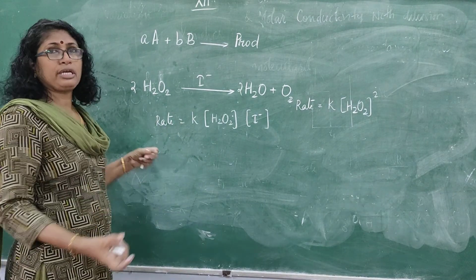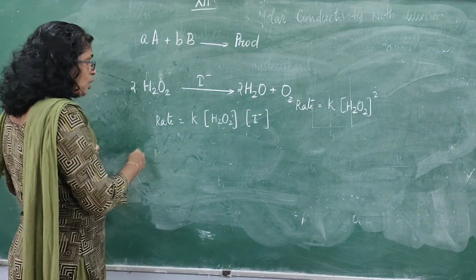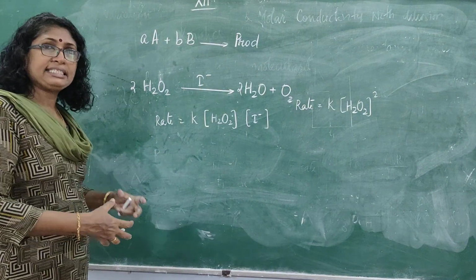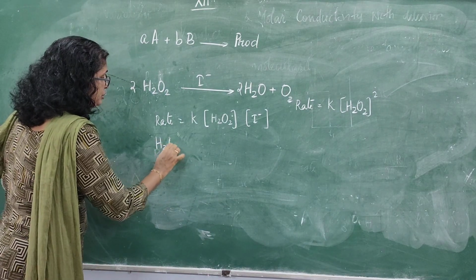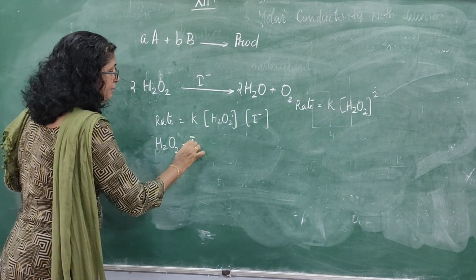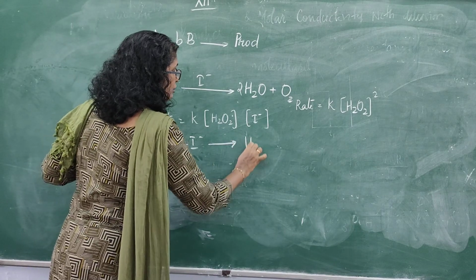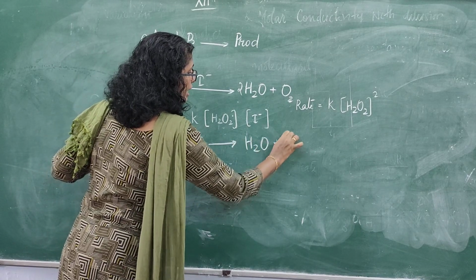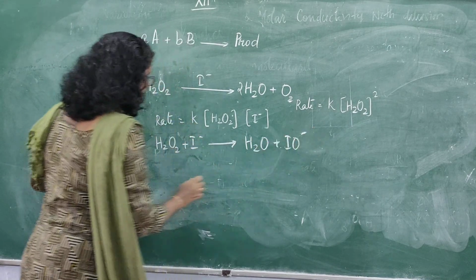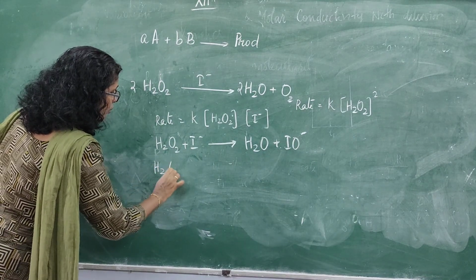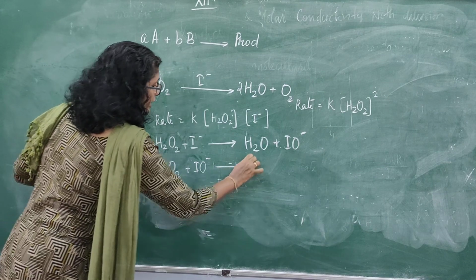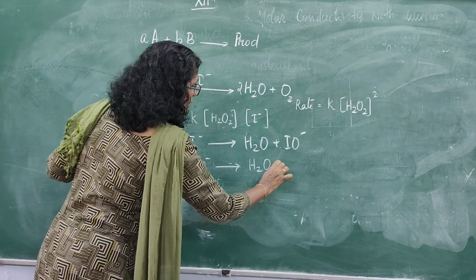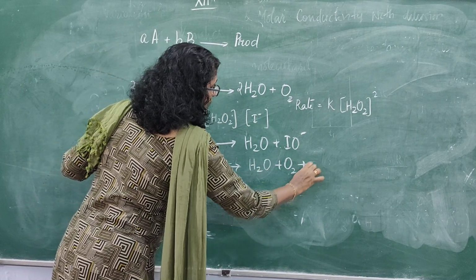So a mechanism was proposed, explaining that the reaction takes place in different steps. In the first step, H2O2 plus I minus gives H2O plus IO minus, and in the second step, H2O2 plus IO minus gives H2O plus O2 plus I minus.